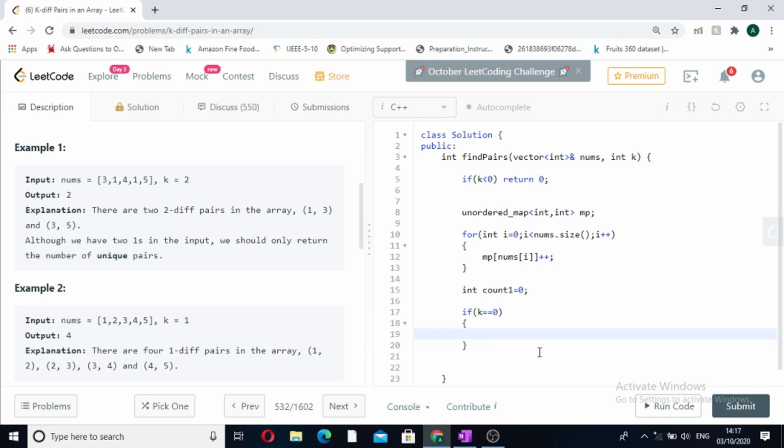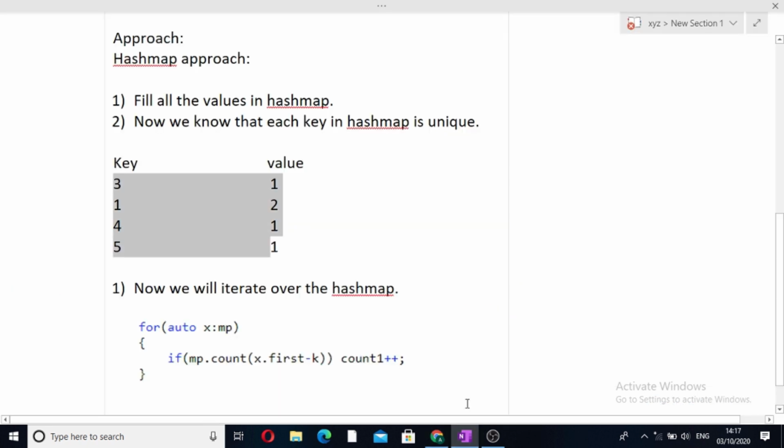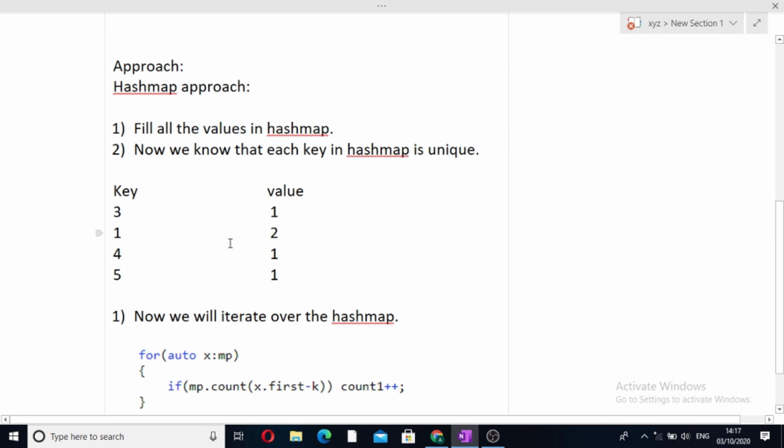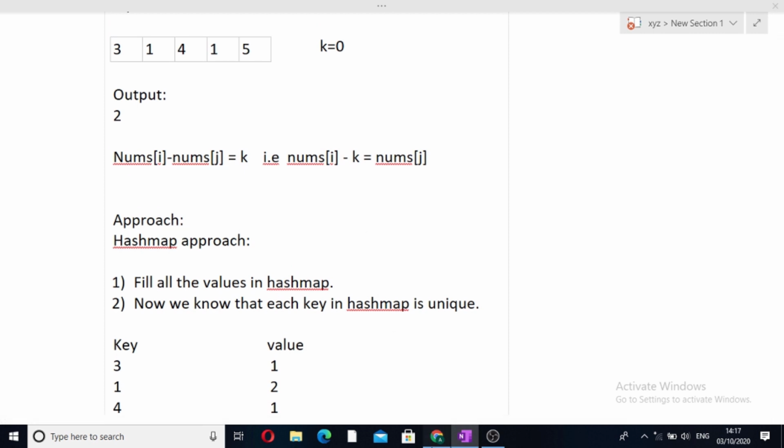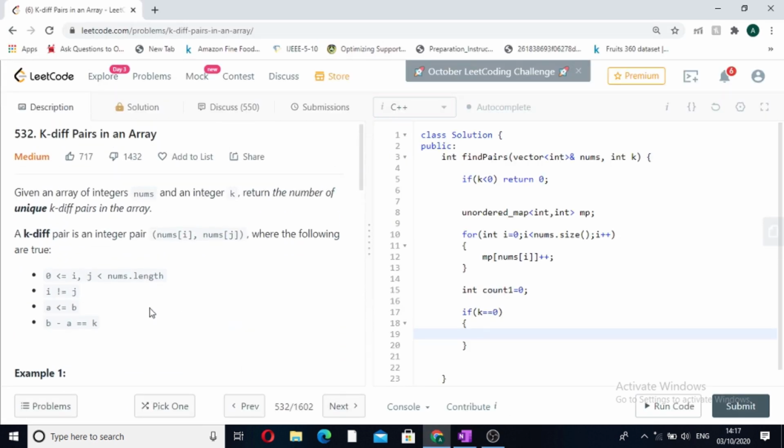In this case, when our k is 0, our hash map is like this, and we know that we get a difference of 0 when both the values are same, but there is a constraint that those two values must be present at different indexes.